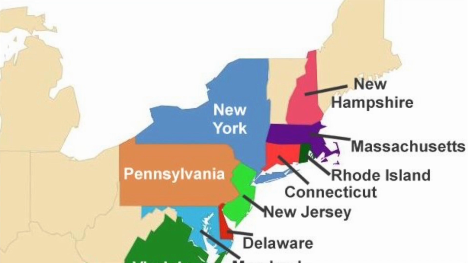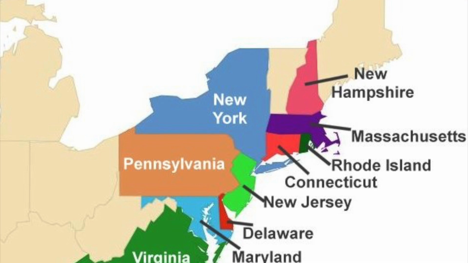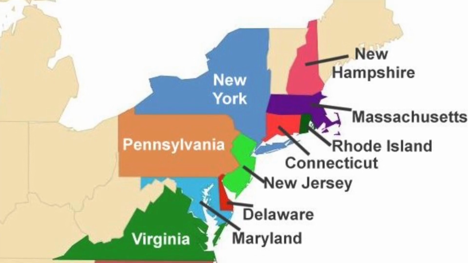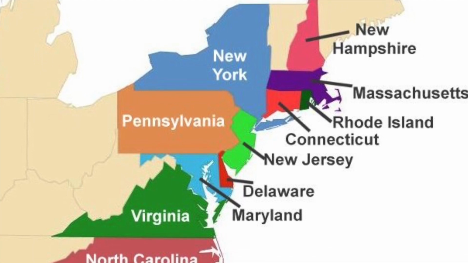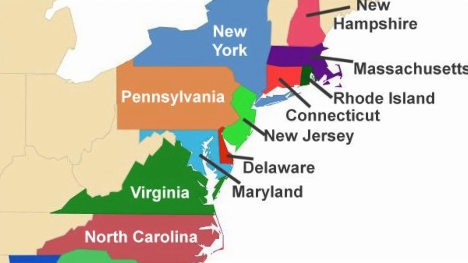The United States was not always its own country. The United States used to be 13 colonies, and these colonies belonged to the country England.